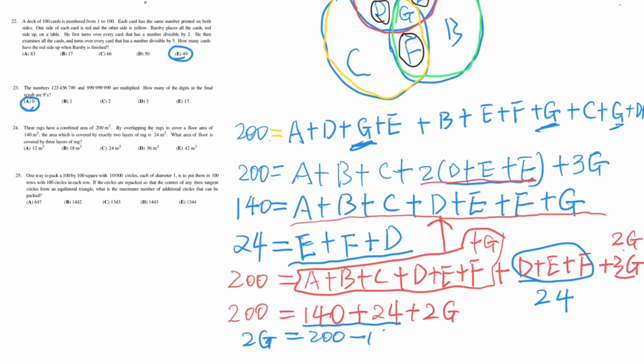That's 164 taking away, bring these two numbers to another side, it's negative, equal to 36. So 2G equals 36. G equals, both sides divided by 2, 18. So the G, look at our graph, is covered by the 3 layers of the rock. So the answer is B.